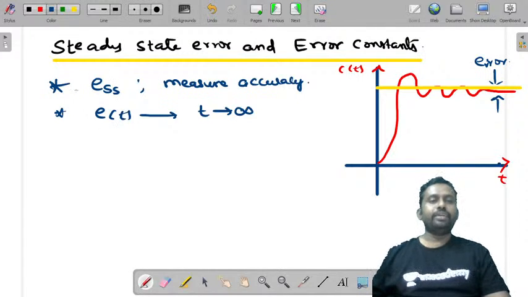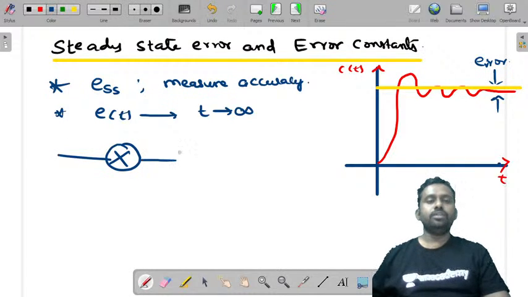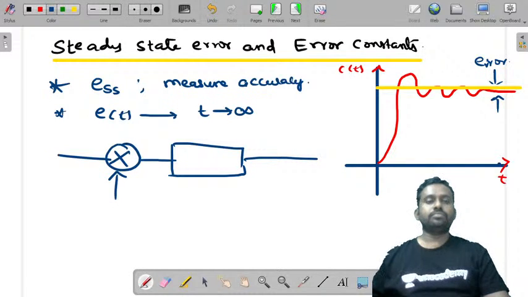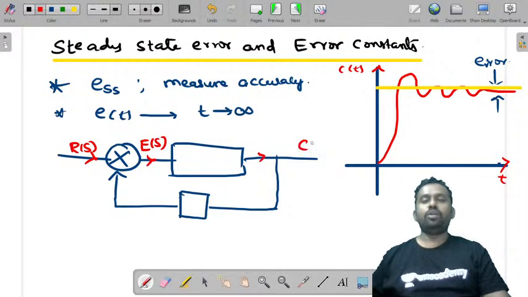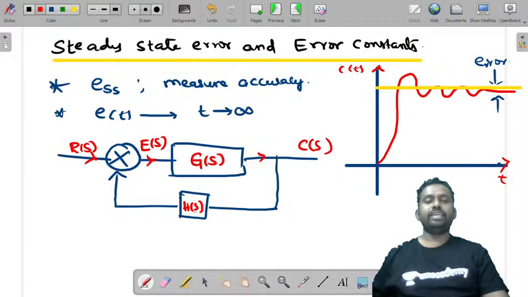So in order to find what is this error, now we need to consider the same closed loop block diagram. So let us consider this. Let this be R of s. This is error detector, so the output of it is E of s, and the output is C of s, and forward path is G of s, and feedback is H of s.